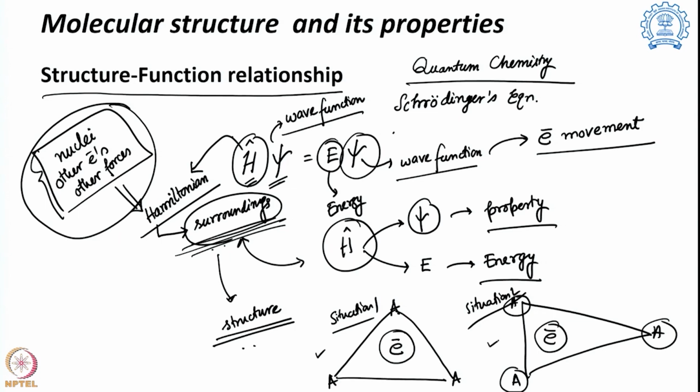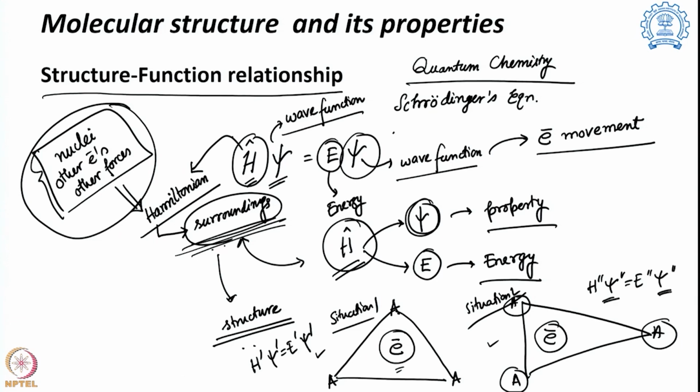That is why the behavior will be different, because psi and E will be different, because the surrounding or the structure is defined by this H, the Hamiltonian. So we can say situation 1 is H dash, whereas this one can be H double dash, and accordingly the energy and the wave function will also change.